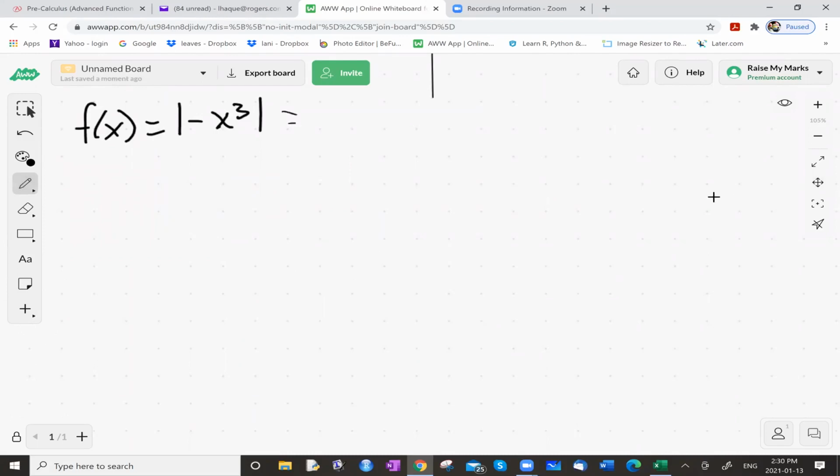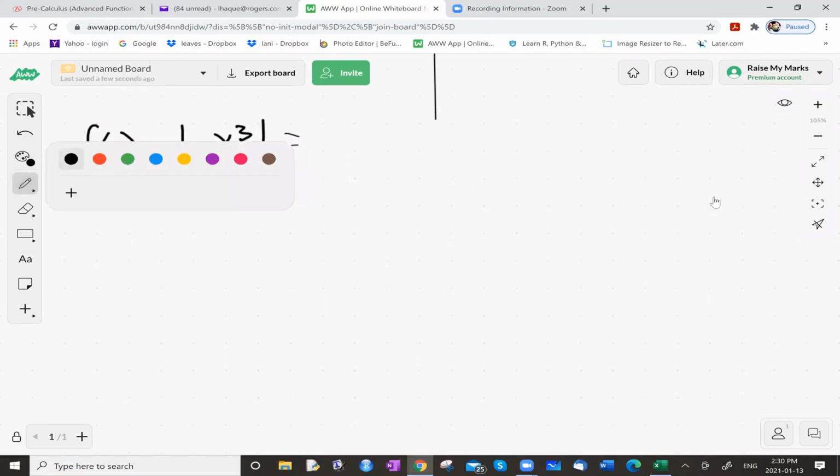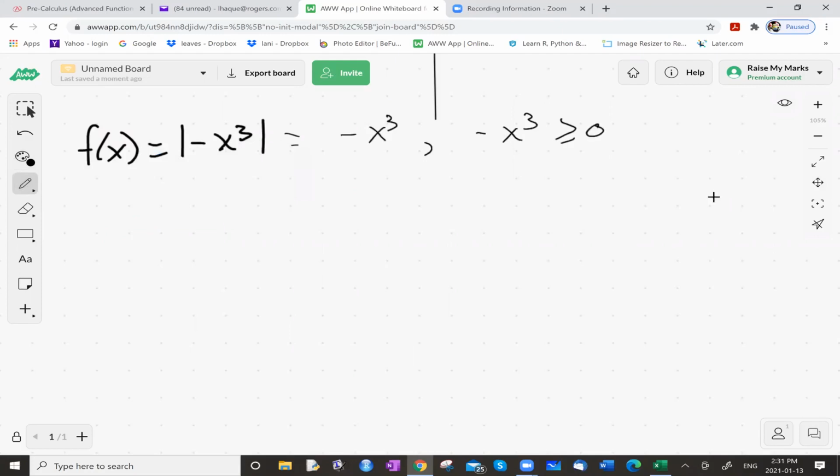So f of x equals the absolute value of negative x cubed. All right, so our function equals negative x cubed when negative x cubed is greater than or equal to 0, and it equals negative of negative x cubed when negative x cubed is less than 0. Okay, so let's simplify this a little bit.